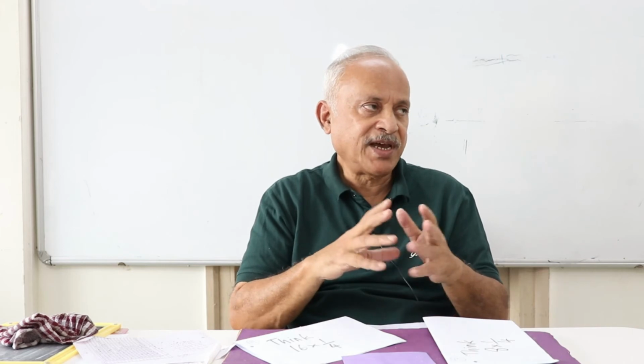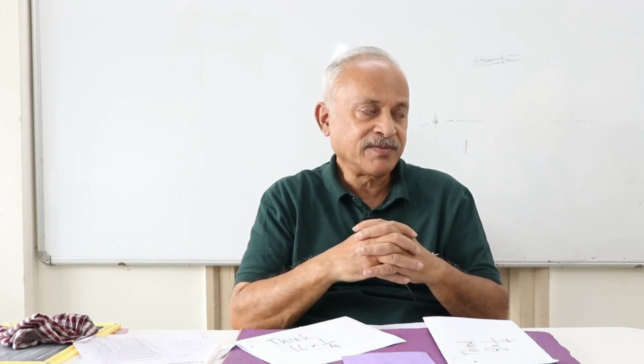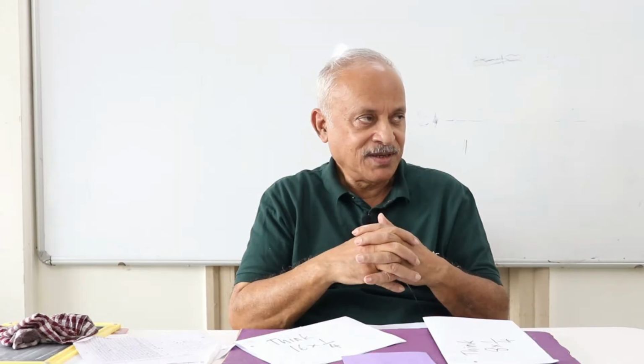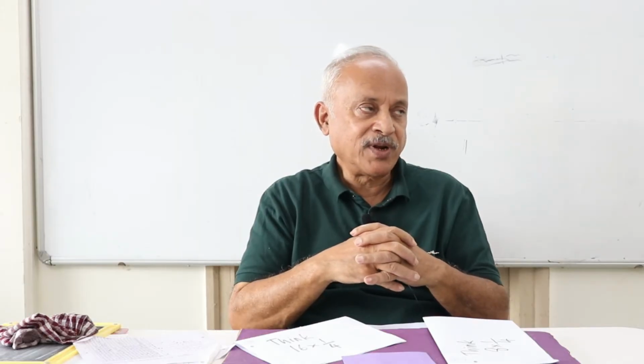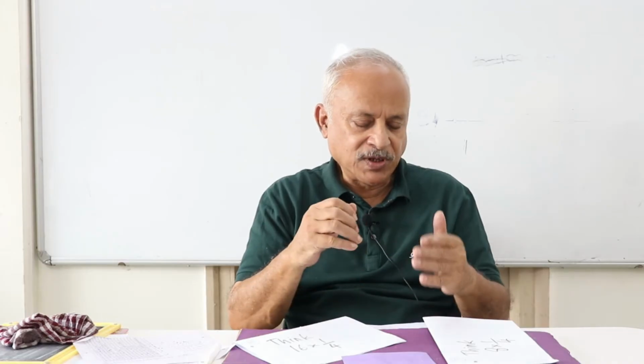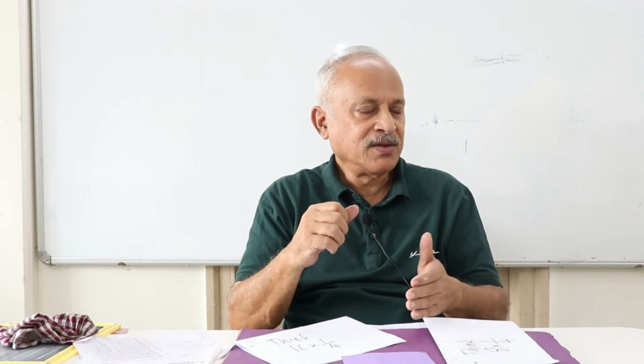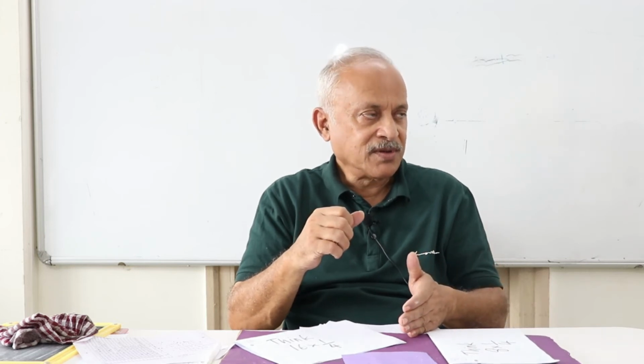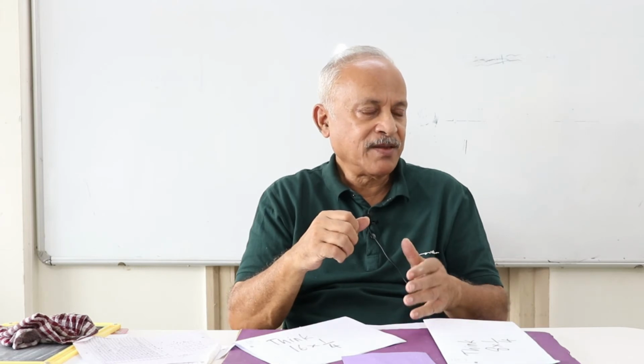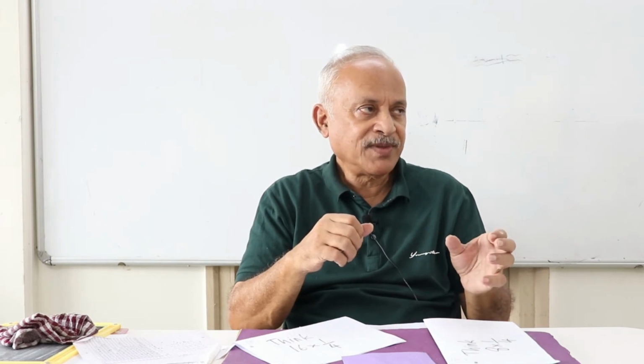If I have 20, I have 5. If I have 24, I have 6. Right? If I have 28, I have 7. So what is to go from 20 to 5? What do I do to 20?